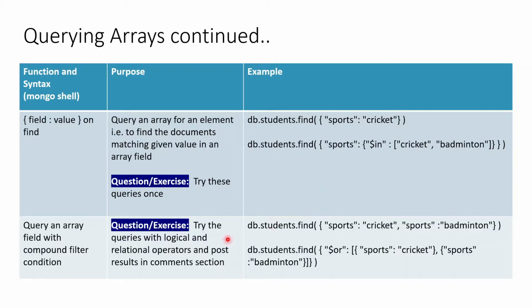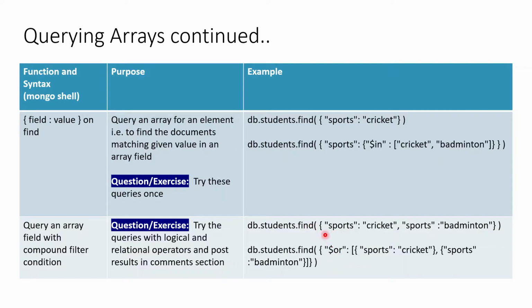Moving forward, query an array with a compound filter condition. What does this mean? That sports equals cricket and sports equals badminton. This query will try to find the students who have opted for cricket as well as badminton. Or we can also use the OR operator.